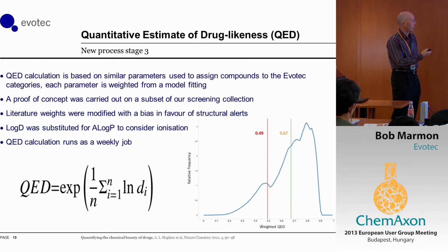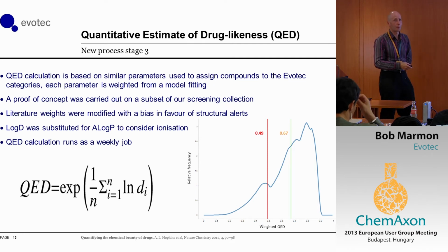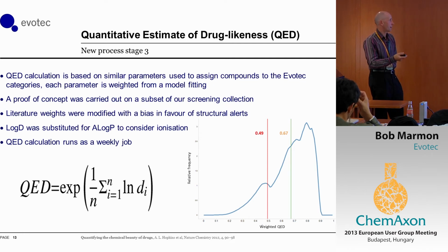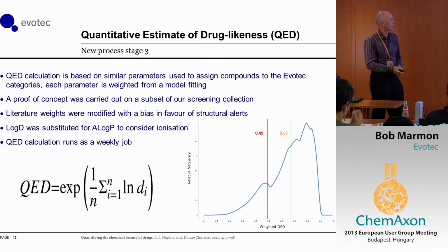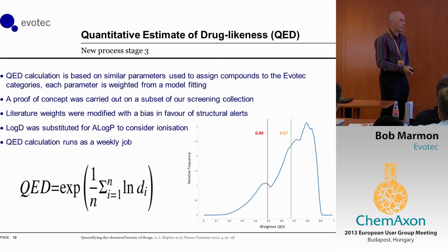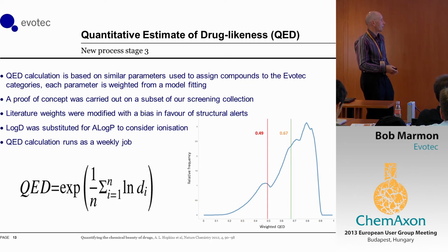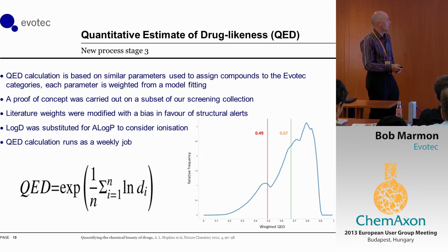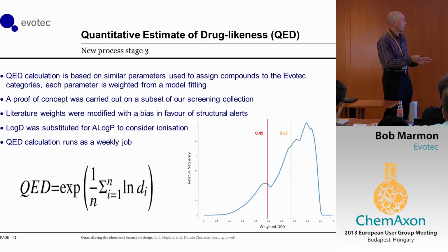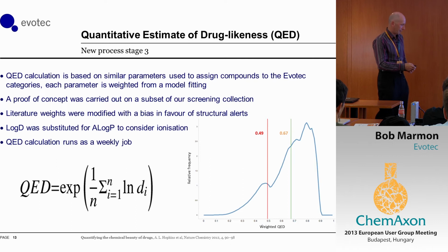So before we added this calculation into EvoSource, we carried out a proof of concept where we took a subset of compounds from our screening collection and calculated QED on those, and then we showed them to a panel of medicinal chemists to see whether they rated the compounds as drug-like or not drug-like.